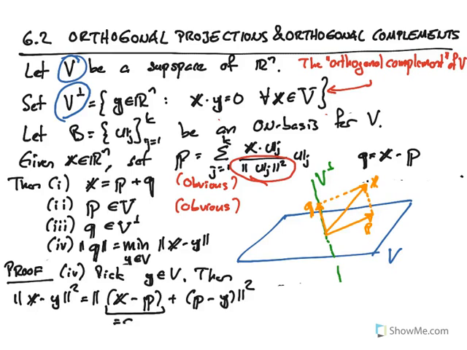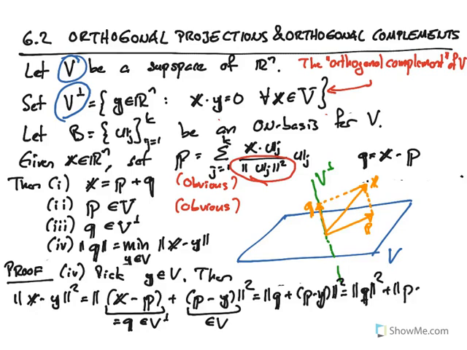And now observe that this is equal to q, which we proved belonged to the perp, and this belongs to V. So what this means is that these guys are orthogonal. So this is equal to the norm of q squared plus the norm of p minus y squared, right?